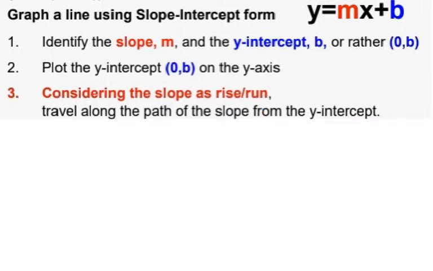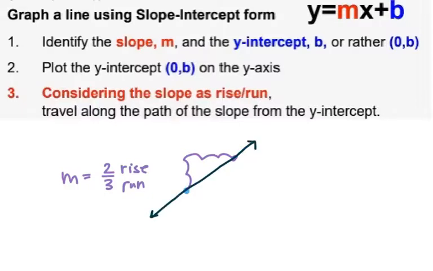From wherever our y-intercept is, say our slope was m equals 2/3, that would be rise 2 and run 3. So we would count up 2, and then run forward 3. Whether it's positive or negative determines the direction that we rise or run. Once you have 2 points, you can graph a line.